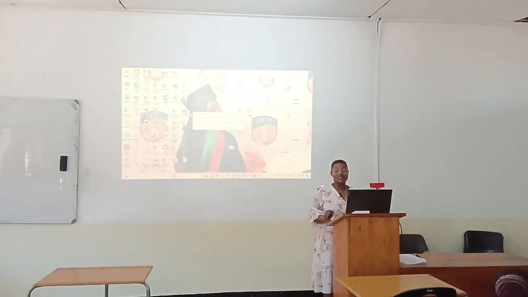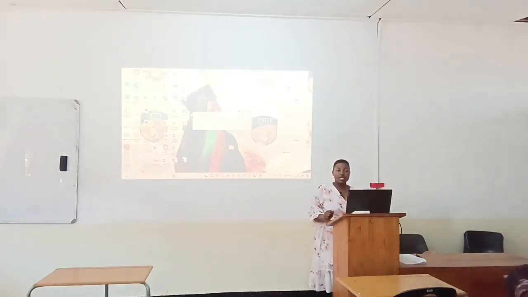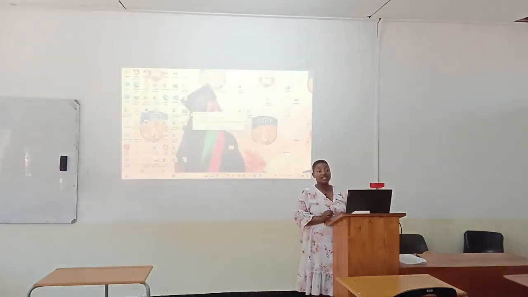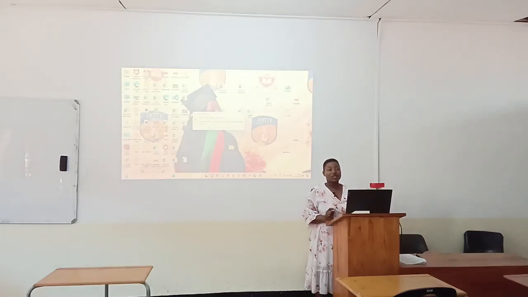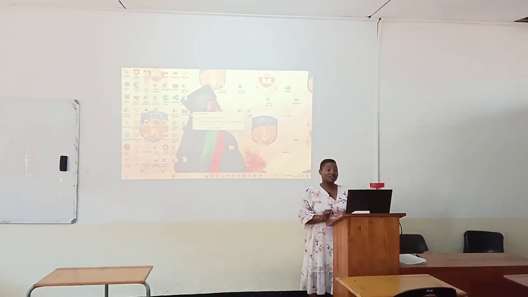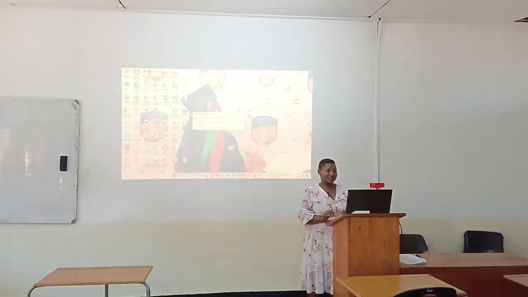So in the traditional dances, the bass drum is the one that gives a signal to the dancers on how they can change their dancing style. So the one who plays the bass drum has to make sure that he gives the rhythmic signs to the dancers.